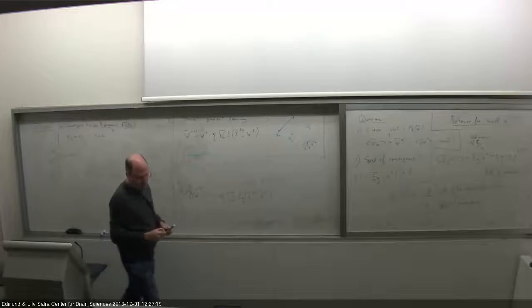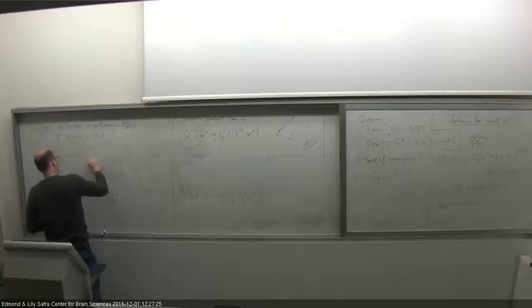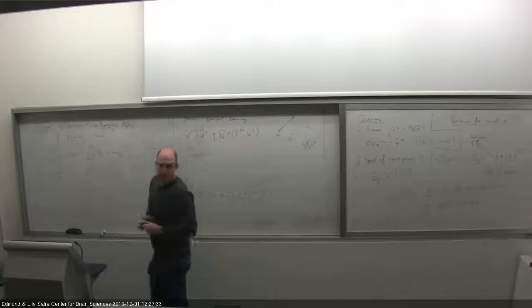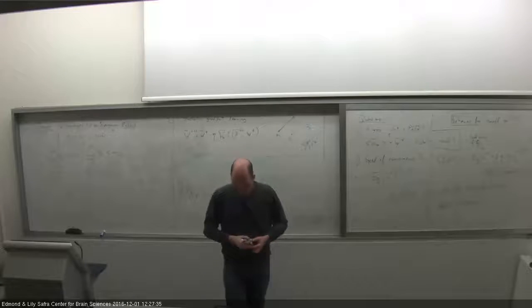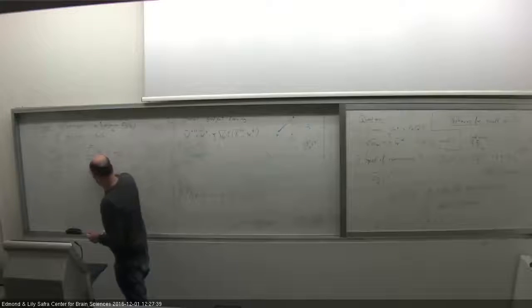The other condition is that the sum from t equals 1 to infinity of eta squared is finite, not infinite. This means that eta should not be reduced too slowly.